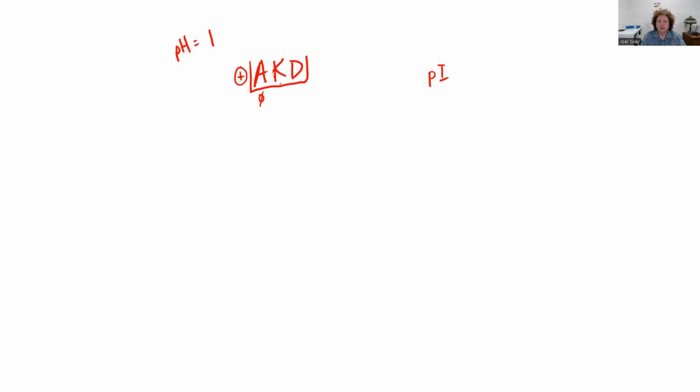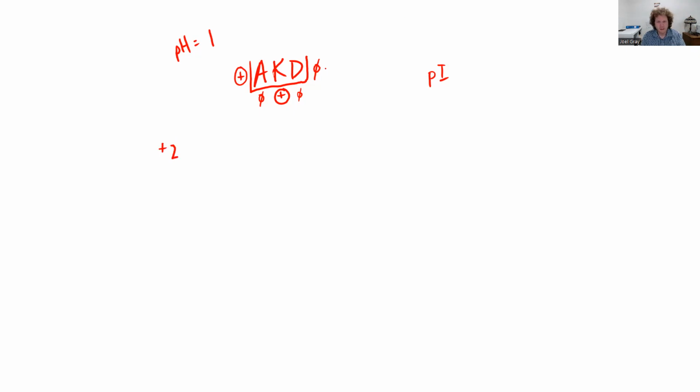The R group for lysine is positive. The R group for aspartic acid is neutral at a pH of 1, and so is the C-terminus of my peptide. So this shows me my extreme pH, a very acidic pH, where everything that can be protonated is protonated, and the charge is +2.